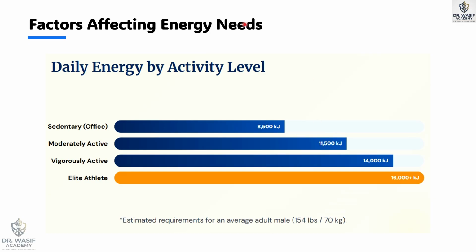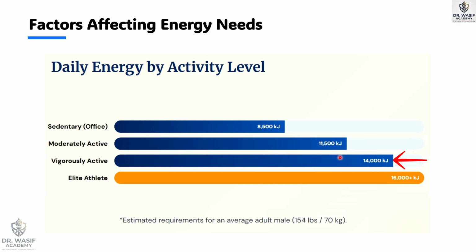But when we talk about a moderately active lifestyle, watch what happens as lifestyle activity steps up. For a moderately active individual, that requirement jumps to 11,500 kilojoules, and someone who is vigorously active, perhaps working a manual labor job or training daily, scales all the way up to 14,000 kilojoules.